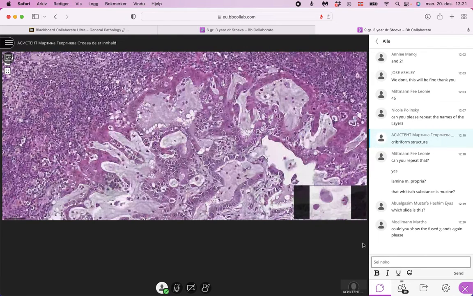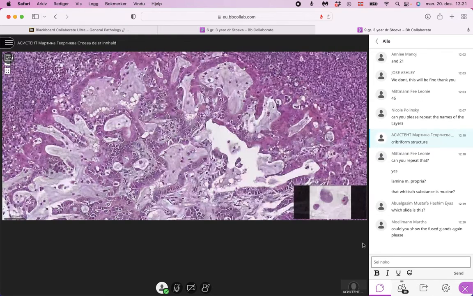But yeah, it could be from an adenocarcinoma from any other site, from the stomach, for example, as well, pancreas too.